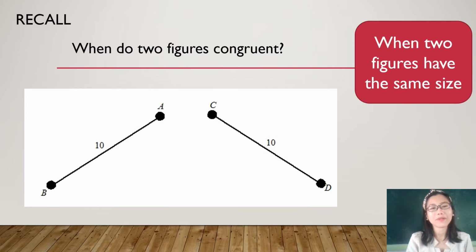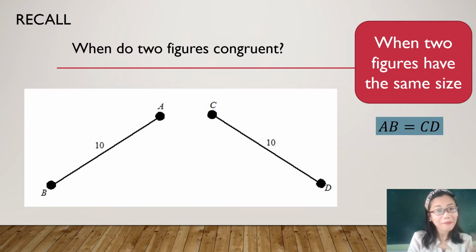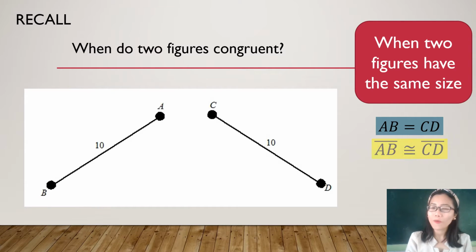Take for example segment AB and segment CD, in which segment AB has a length of 10 units and segment CD also has a length of 10 units. Since they have the same length, AB is equal to CD, and therefore segment AB is congruent to segment CD.